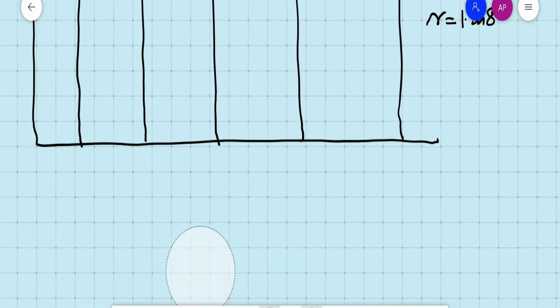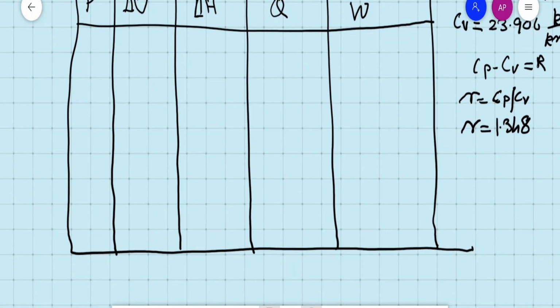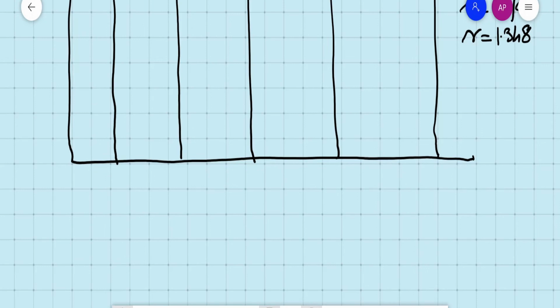So the first thing that we need to calculate is for process 1, 2. So process number 1, 2 is an isothermal process. Therefore, delta U for this is 0, delta H for this is 0. Now Q and W. The formula for W is equal to nRT ln of P2 by P1.